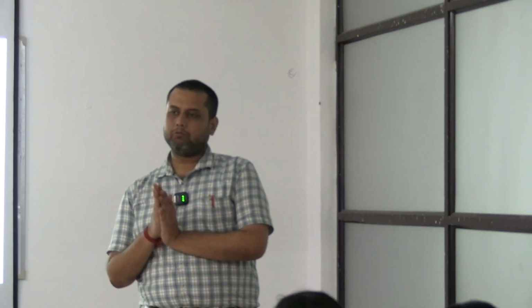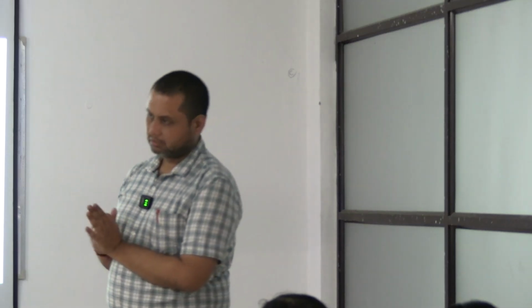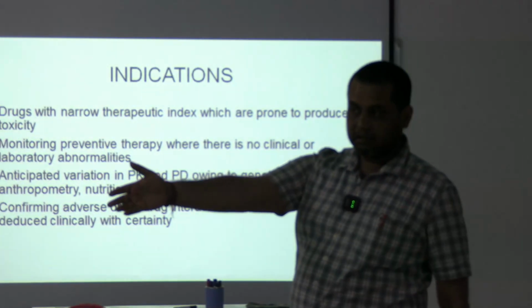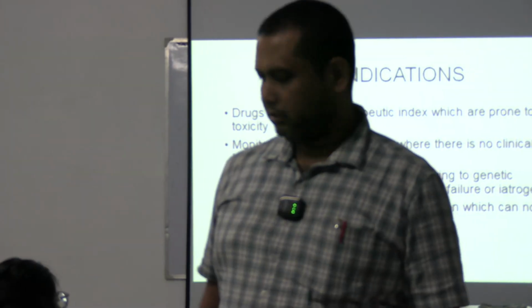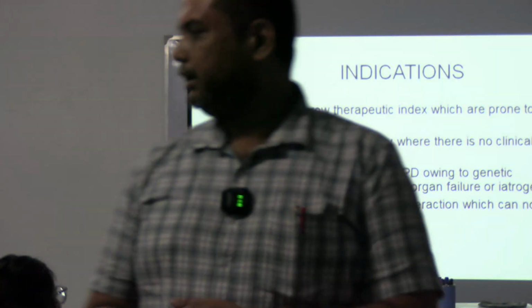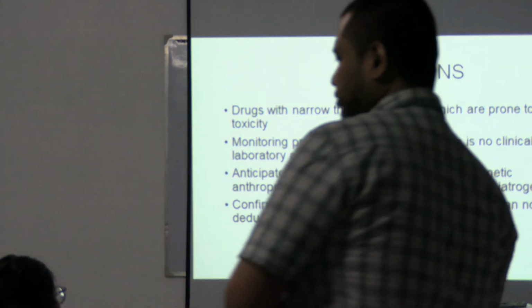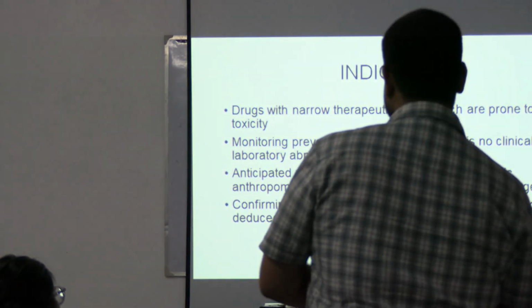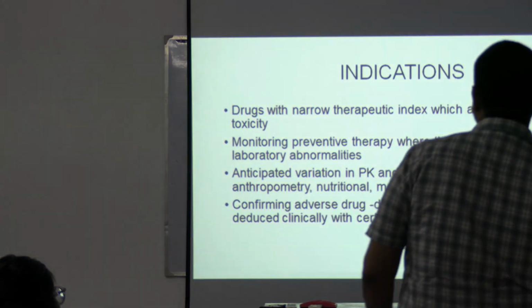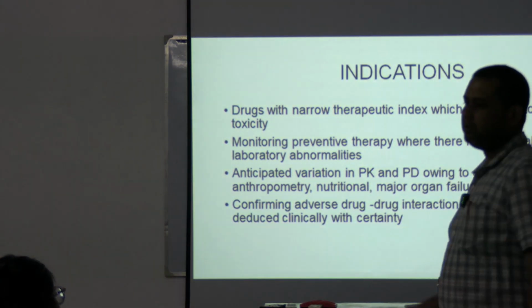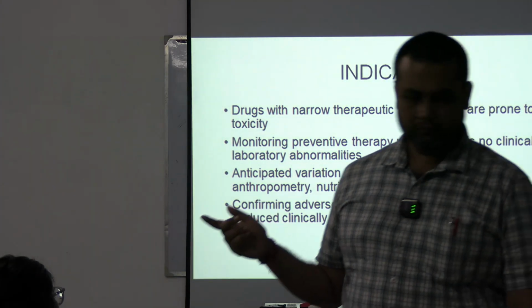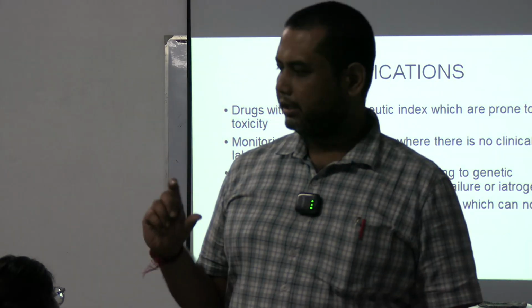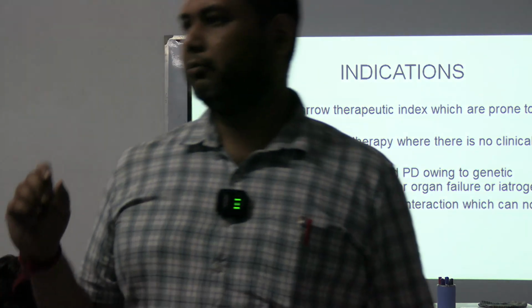So, nutritional, and in a malnourished individual, the production of proteins by the liver, chiefly albumin, may be low. What is the role of albumin in drugs? Drugs bind to albumin, so that may be hampered. Which drug produces the pharmacodynamic effect, the free one or the bound one? The free drug produces the pharmacodynamic effect.